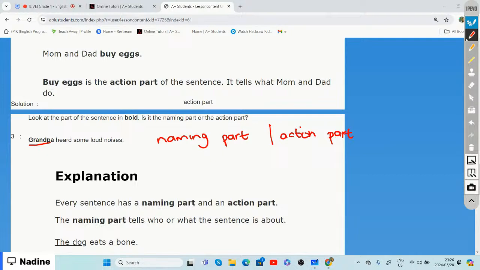If we were to choose the correct sentence part, we would say it is a naming part because it tells us who the sentence is about. It is about grandpa, and grandpa was the one who heard some loud noises. So grandpa is our naming part. That is what the sentence is about.